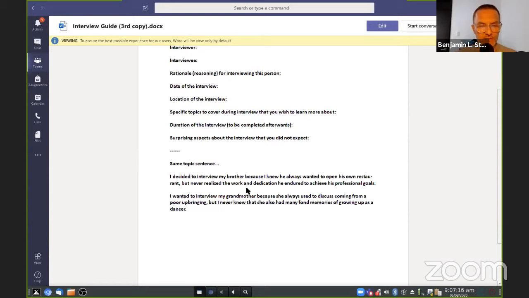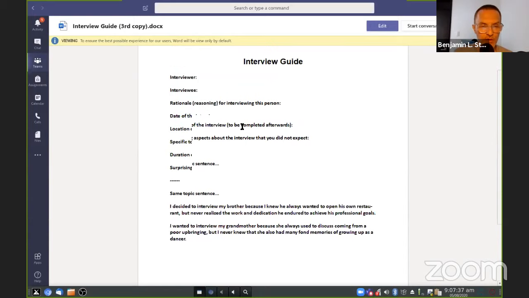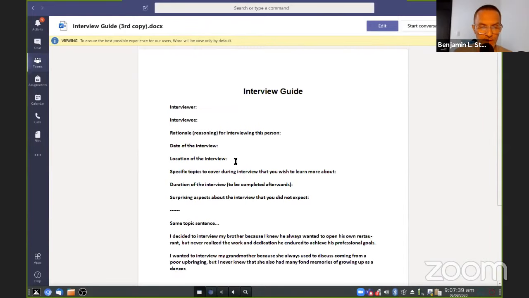I can just refer to him as my brother, and then I can use pronouns later on. If you want to mention the person's name, that's fine also. But I have here basically why I chose to interview the person, right? And so this is coming from, again, this part of the interview guide.